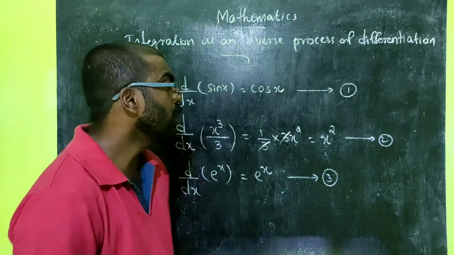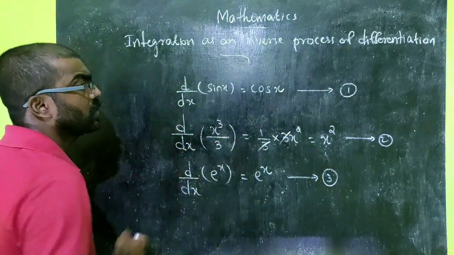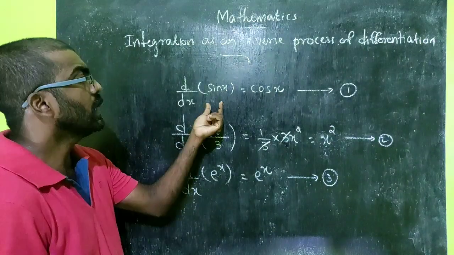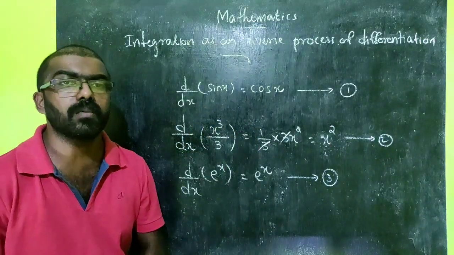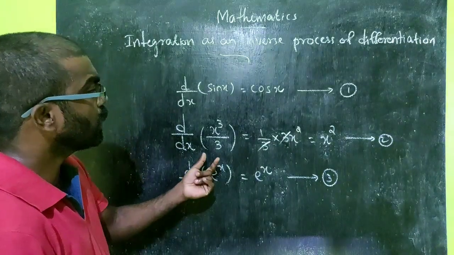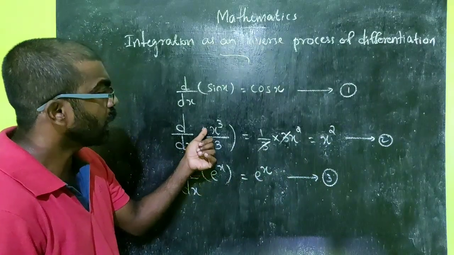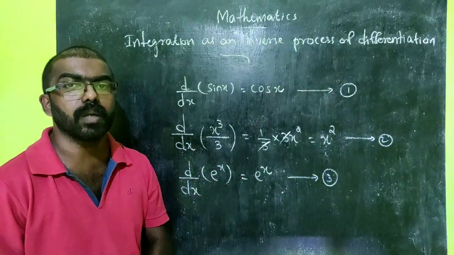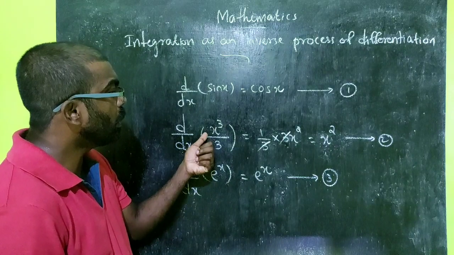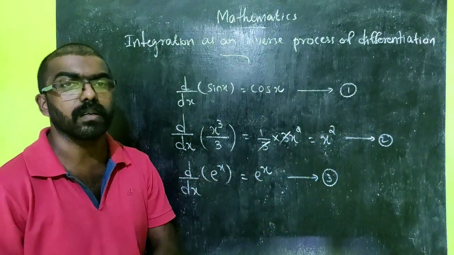In the first example, we observed that cos x is the derived function of sin x. So we can say sin x is the antiderivative of cos x. Similarly, in the second one, x square is the derivative of x cube by 3, so we can conclude x cube by 3 is the antiderivative of x square.